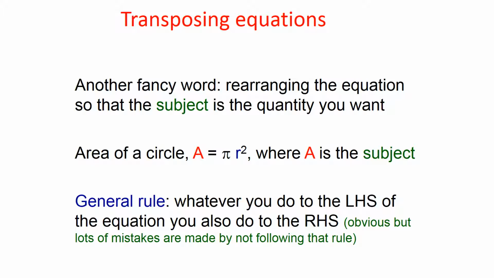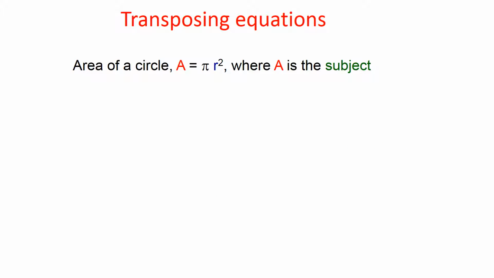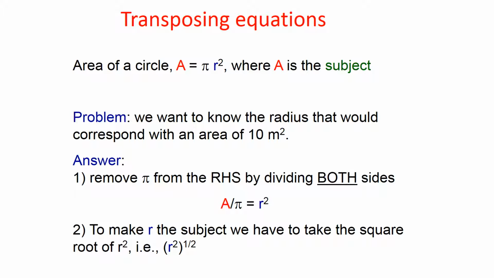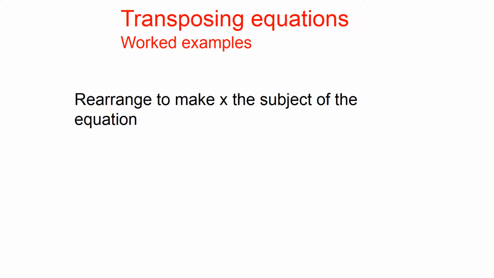But whatever you do, you always have to do the same thing to the left and the right hand side. Golden rule. This explains what I've just said, and then we square root both things.